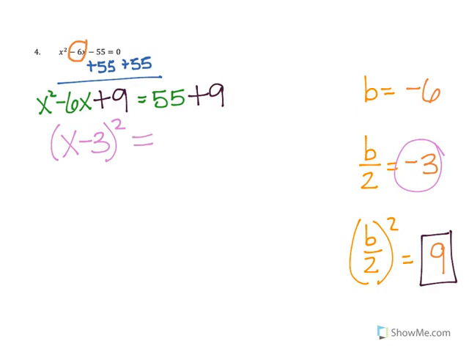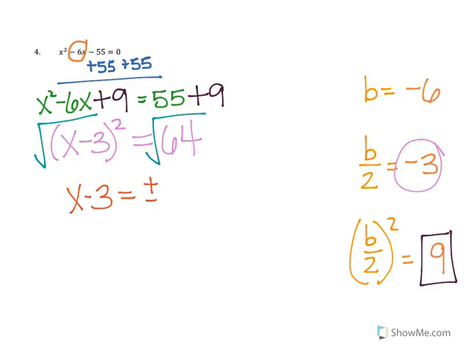Now when you simplify what's on the right hand side, you're going to end up with a positive 64. So in the next step, which is step 4, you're going to take the square root of both sides and you're going to end up with x minus 3 equals, remember the plus or minus, and the square root of 64, since that's a perfect square, turns into a nice 8.